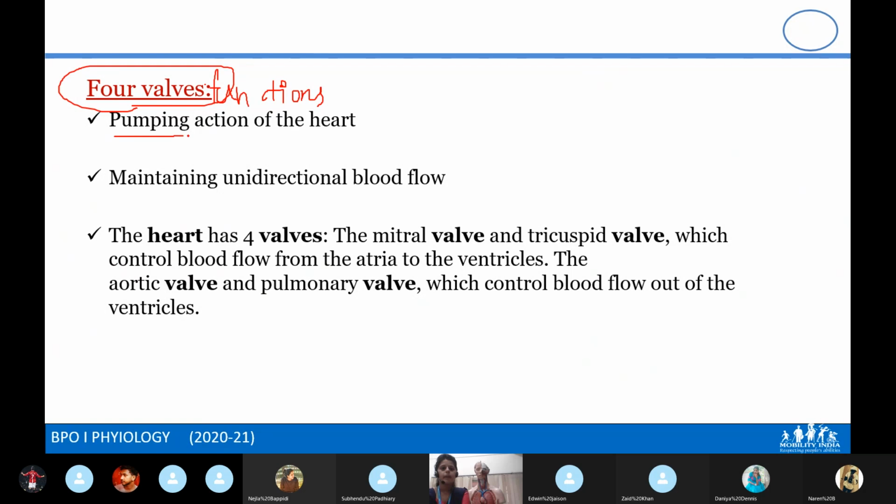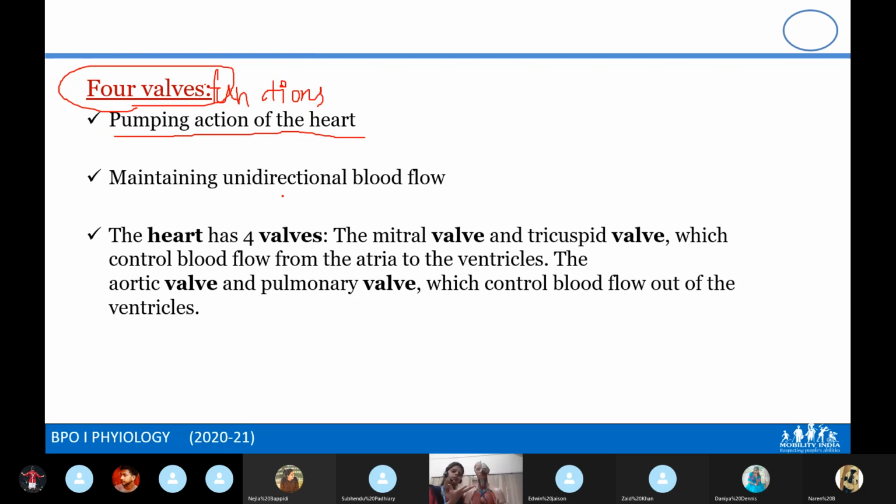The first one is the pumping action of the heart. As you all know, why is a valve required? Because it passes the blood from one part of the heart to another part.